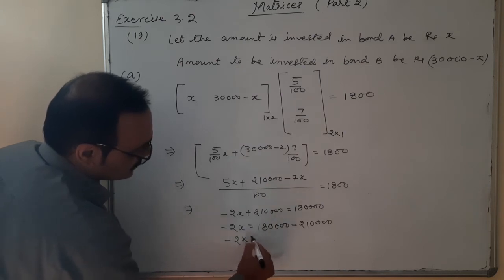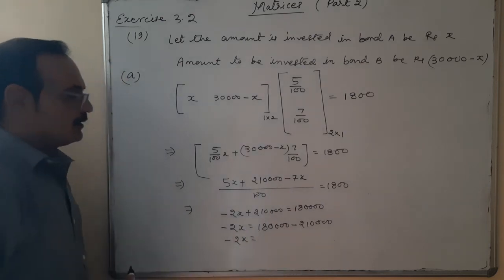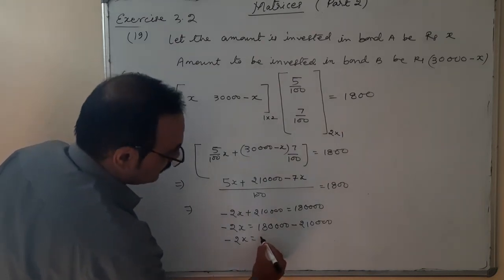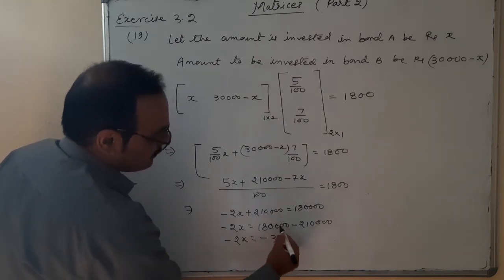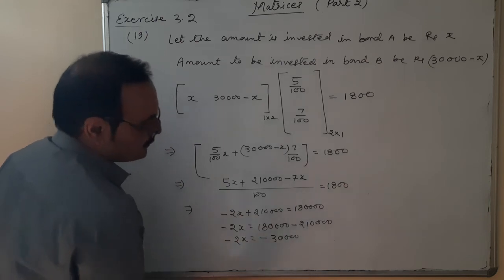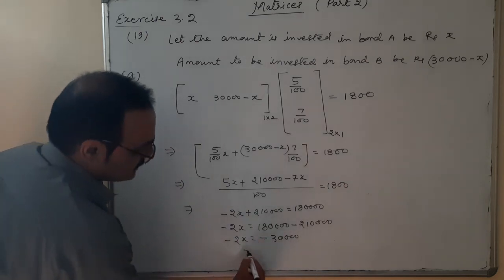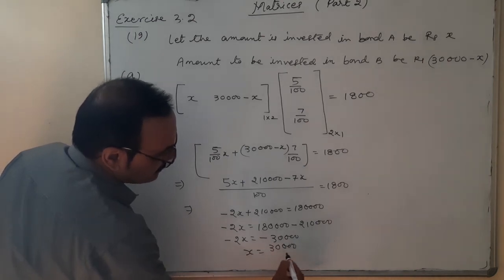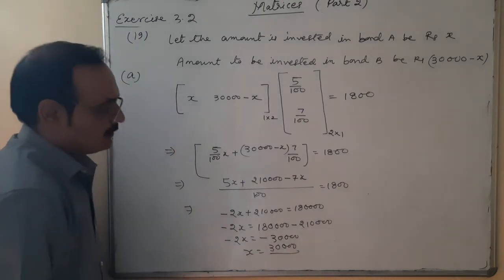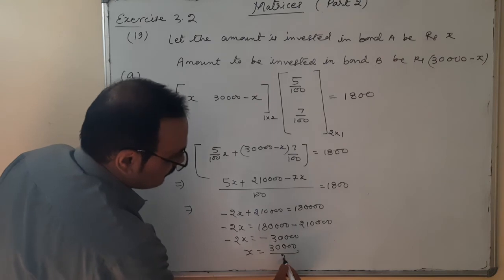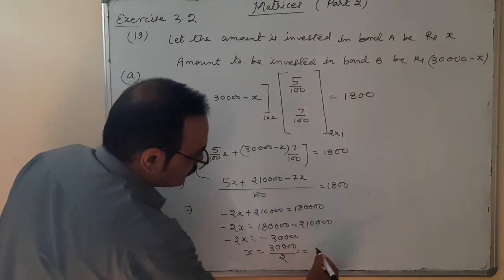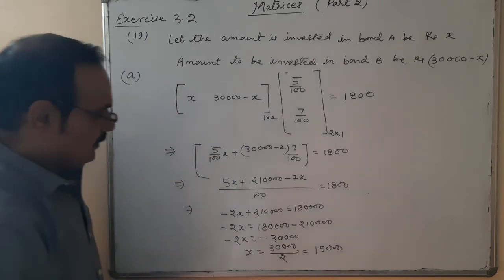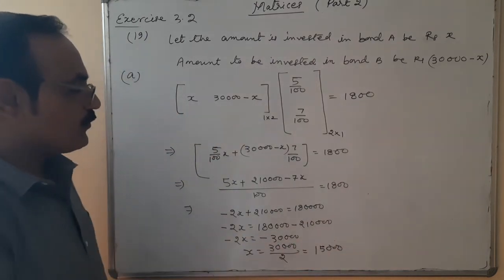Minus 2x is equal to minus 30,000. Minus minus cancel, x is equal to 30,000 divided by 2. So 2 fives are 10, x is equal to 15,000. Okay, the value of x is equal to 15,000.